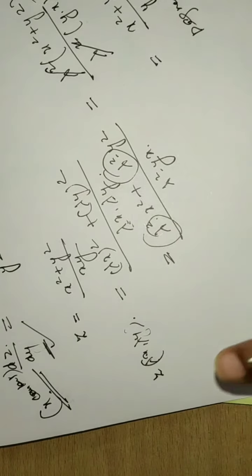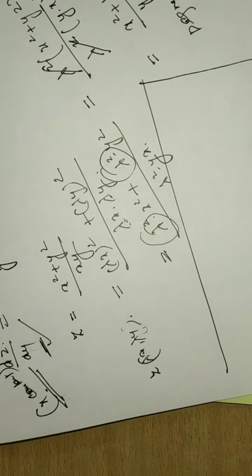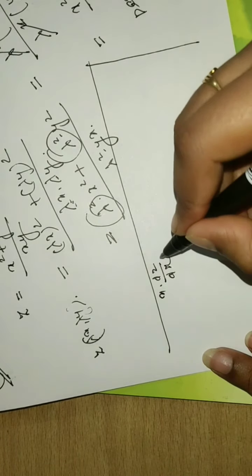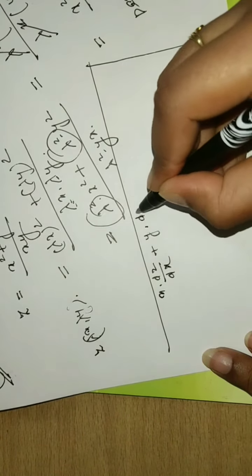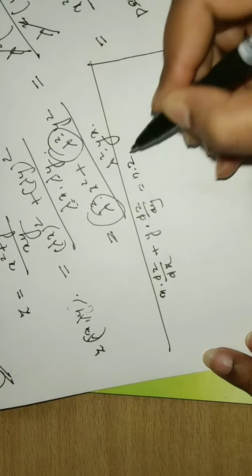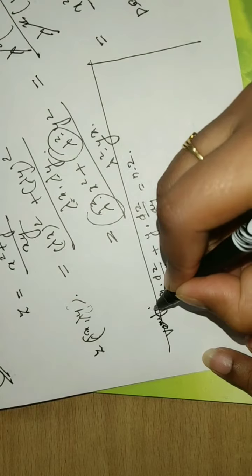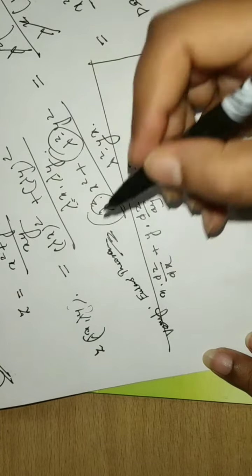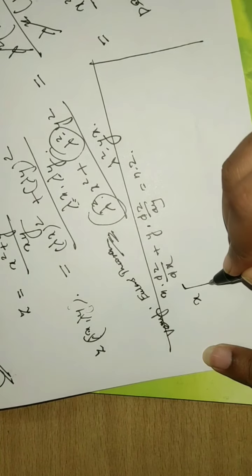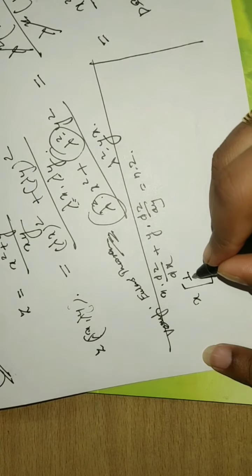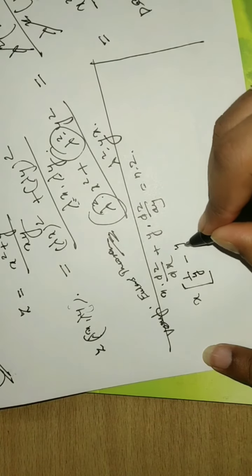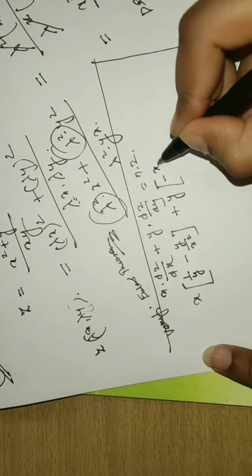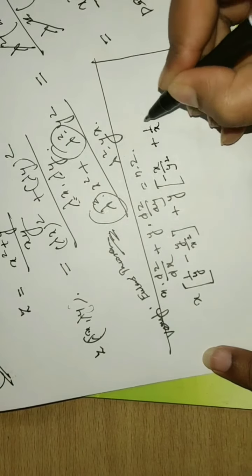Now we have to prove that x into delta z by delta x plus y into delta z by delta y is equal to n into z. That is the verification of Euler's theorem. Whatever results we have got, we write here: x into 1 by y minus y by x square, plus y into minus x by y square plus 1 by x.